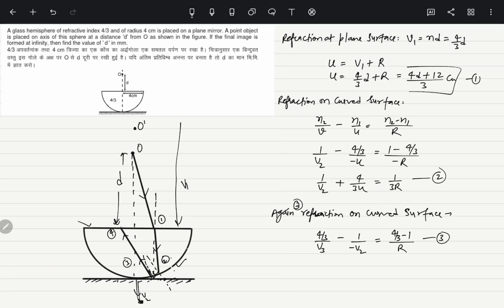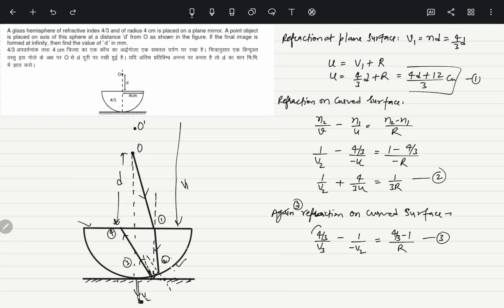Getting my point here? Because the formula we use is n d or d by n, depending upon the rarer and denser medium. So the value of v3 should be infinity, then only the final image is at infinity, right?